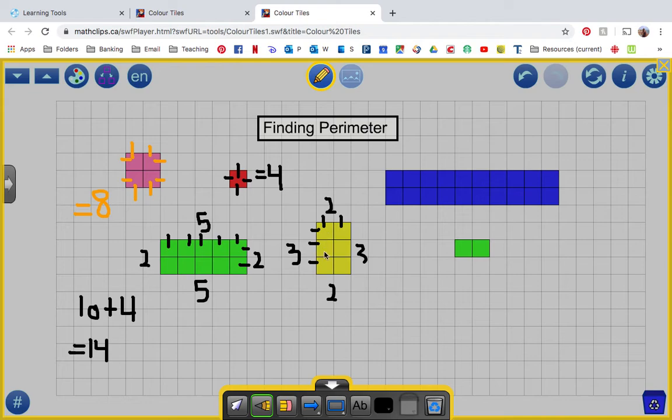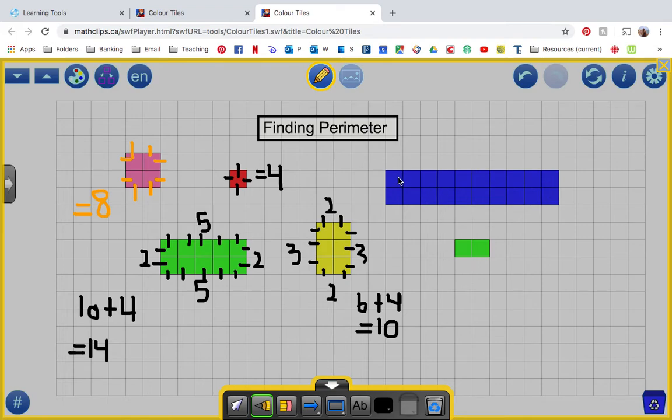So using that logic, I'm going to add 3 plus 3, which is 6, and 2 plus 2, which is 4. And that gives us a perimeter of 10 square units. And we can double check our work by counting again. 5, 6, 7, 8, 9, 10, which we were right. And over here, 7, 8, 9, 10, 11, 12, 13, 14. And we are correct.